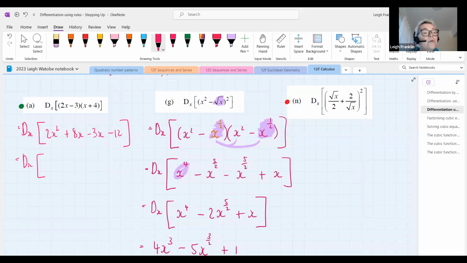Then I said 2x squared. Good. Then I added the like terms and I got 11x squared. Okay, but you wouldn't get 11x squared here. You've got 8x minus 3x, so that would leave you with plus 5x. And then your last term would be negative 12. Okay, good. All right, keep going.